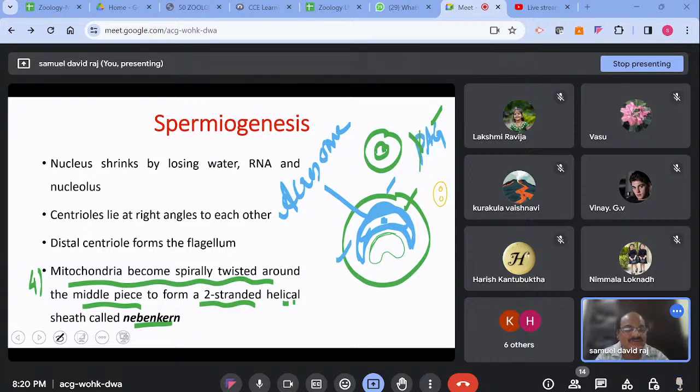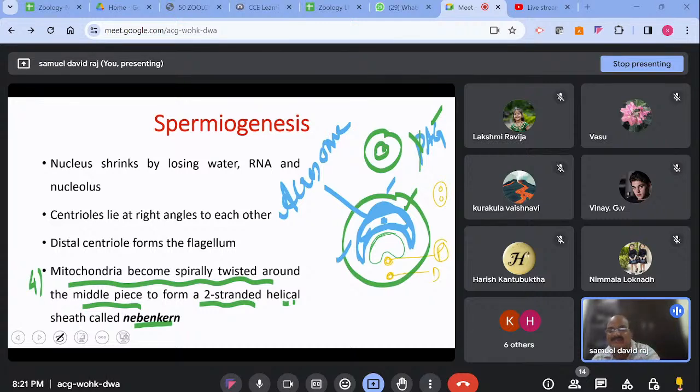One of these centrioles is present in the indentation, the other goes to the other side. This one is called proximal centriole and this one is called distal centriole. Why do we call them so? The one which is in proximity, meaning near, to the nucleus is called proximal centriole. The one which is away from the nucleus is called distal centriole. Both are at right angles to each other.